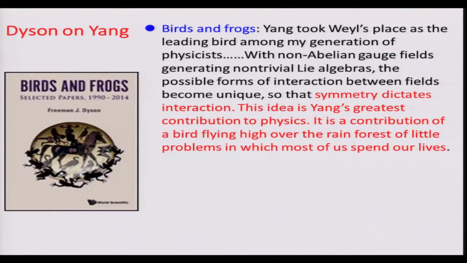The possible forms of interaction between fields become unique, so that symmetry dictates interaction. This idea is Yang's greatest contribution to physics. It is a contribution of a bird flying high over the rainforest of little problems in which most of us spend our lives.